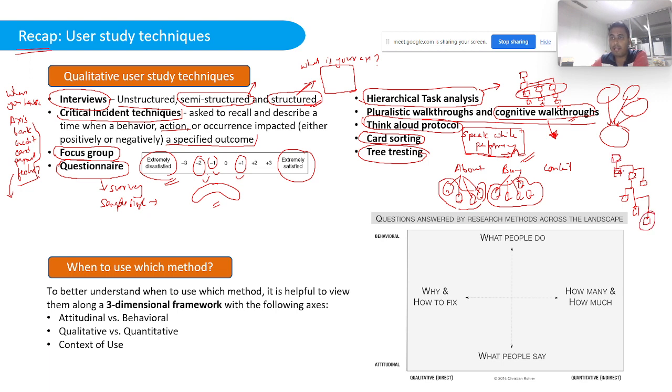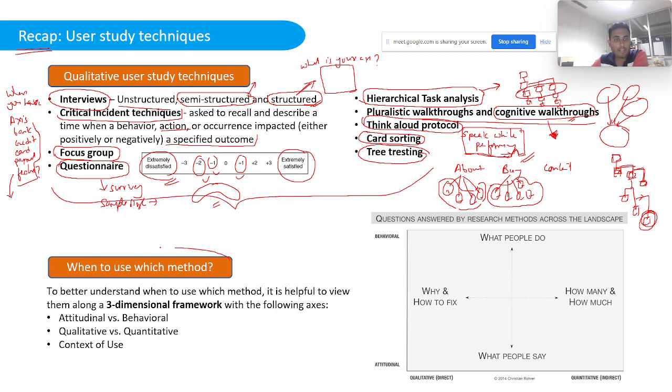So you ask the user to navigate for a particular task, and you watch whether the user can identify that particular feature or not. So this is how tree testing is done. These are various qualitative user study techniques we discussed in our last class.